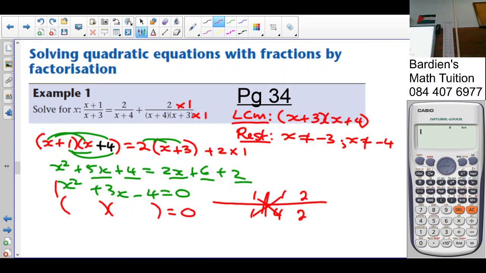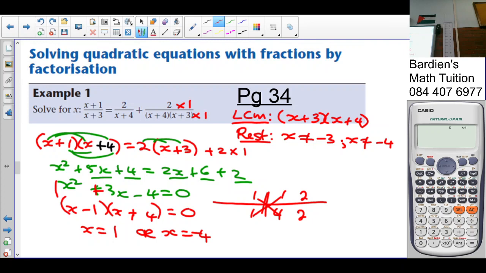So I got the 1 and a 1, so it's x and a 1, x and a 4. The bigger one must be plus, because the middle term is plus. So what do we notice now? X is equal to 1 or x is equal to minus 4.